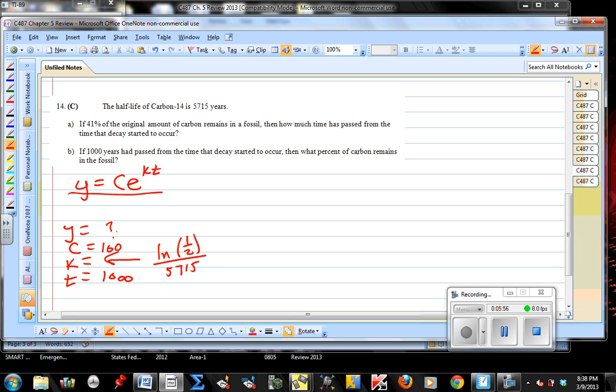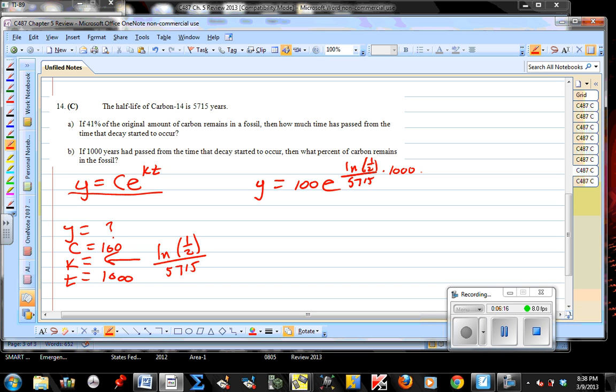Because you start with 100, you end with, say, 58. That means 58 out of 100 is 58%. So let's go to work. We'll say y equals 100 times e to the natural log of 1/2 divided by 5,715 times t, times 1,000.